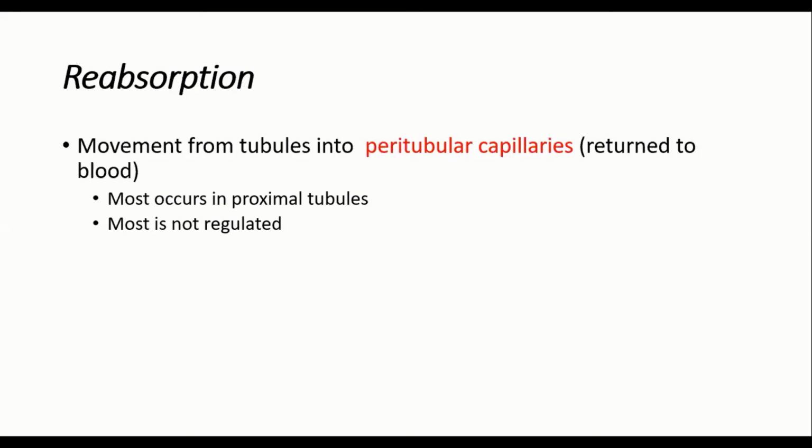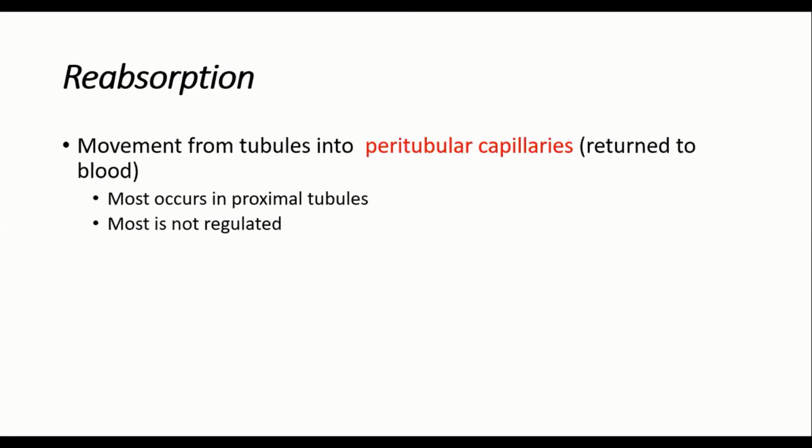So reabsorption is going to happen in the tubules, and we're going to have movement of solutes and water back into the peritubular capillaries. So the peritubular capillaries come back off that efferent arteriole and just wrap around the rest of the nephron so that we can have stuff moved from the filtrate back into the blood. Now, most of the reabsorption is going to occur in the proximal tubules.